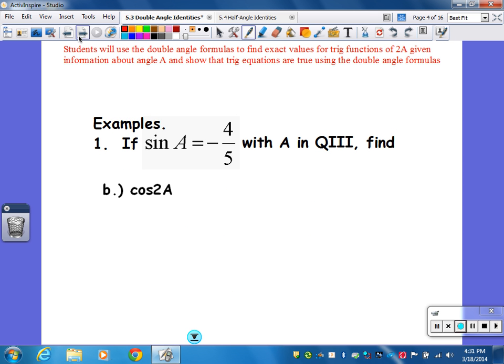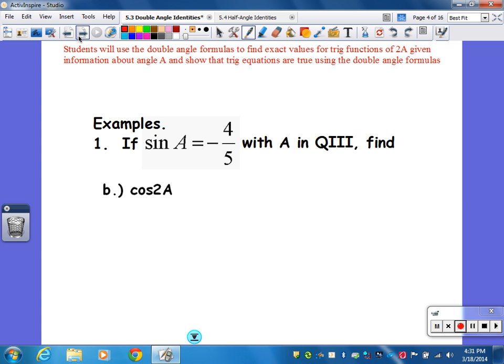Okay, once again, sine A is equal to negative 4/5 with A in quadrant 3. Find cosine of 2A. Well, if you look back at your formulas, we only need a sine A to solve with cosine as a double angle.